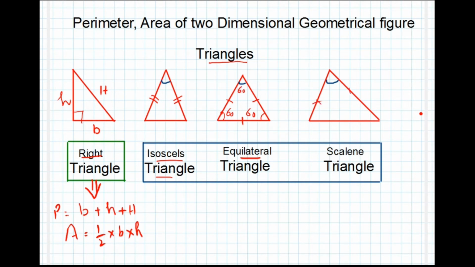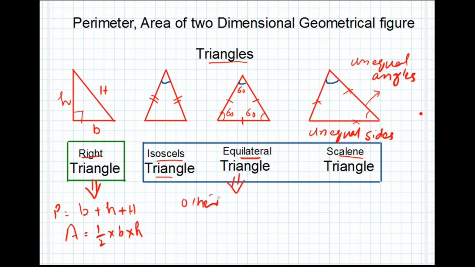Scalene triangles have all sides unequal, and all angles are also unequal. So isosceles, equilateral and scalene triangles are other than the right angle triangle. Therefore, perimeter of any triangle is equal to S1 plus S2 plus S3.